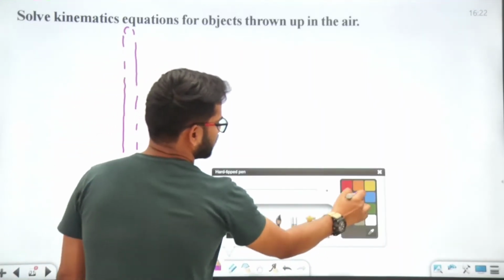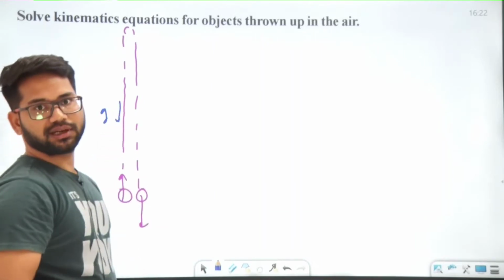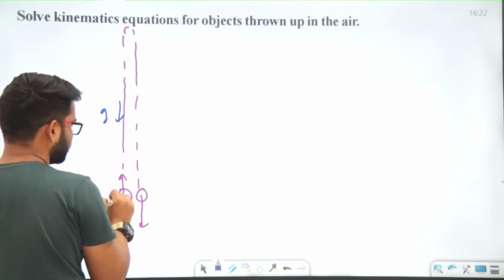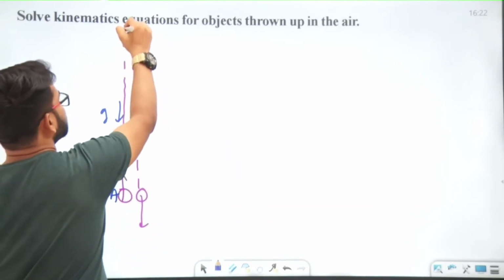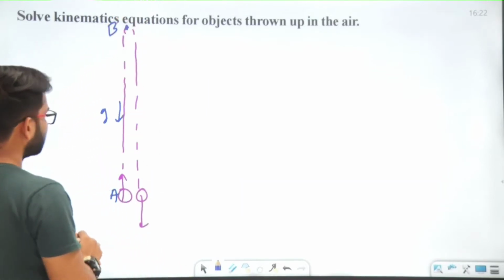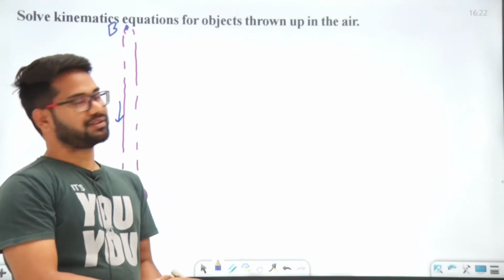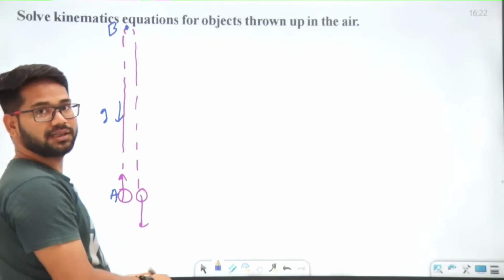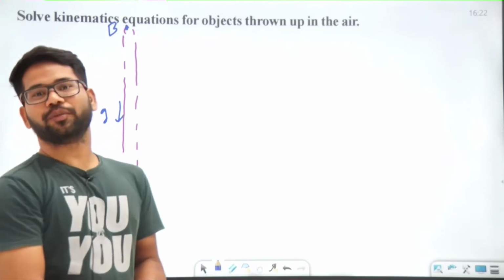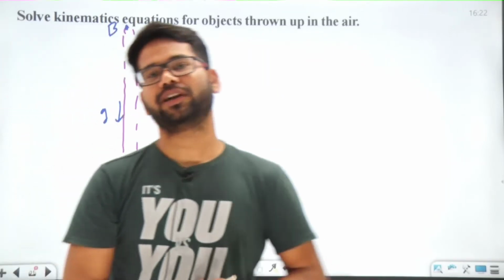During this motion, g is acting downward throughout. In the first half, when it moves from A to the top point B, g is acting downward and it is slowing down, its speed is decreasing. Why? Because its velocity is in the upward direction and acceleration is in the downward direction.